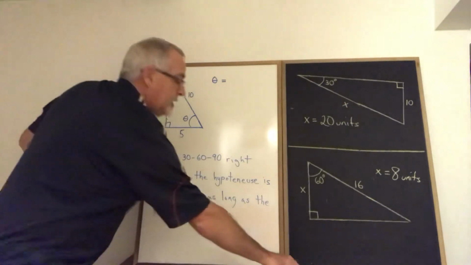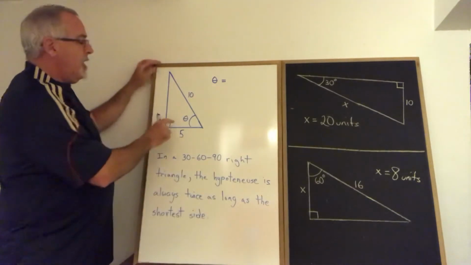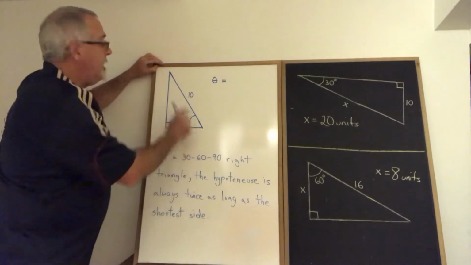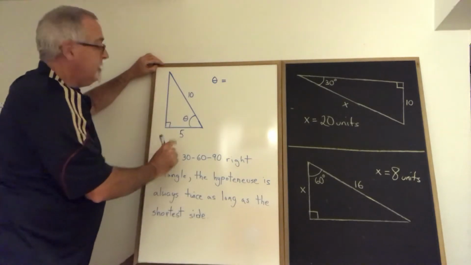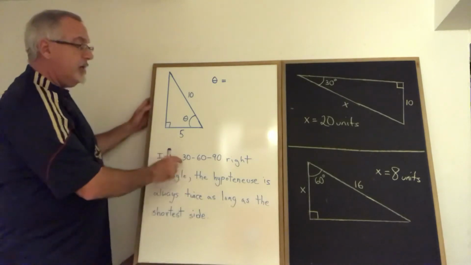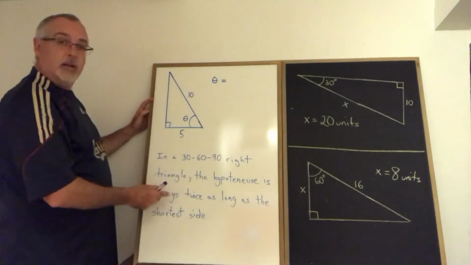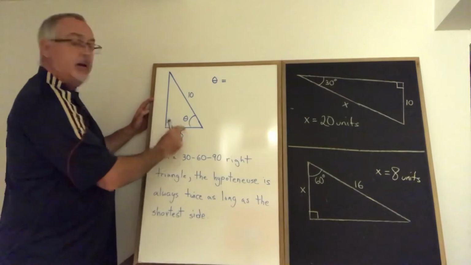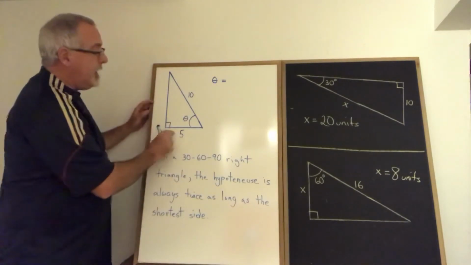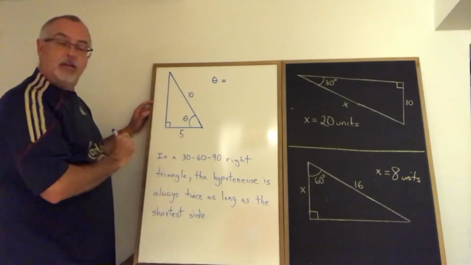And then in this triangle, we're not being asked for a side length. We know the shortest side is 5. We know the hypotenuse is 10. We know that we have a 90-degree angle. If in a 30, 60, 90 right triangle, the shortest side has to be half the length of the hypotenuse, then in this situation, we have a hypotenuse that is twice the length of the shortest side.